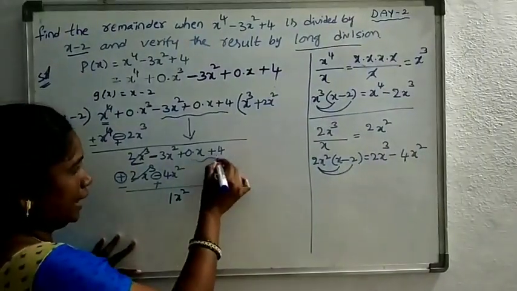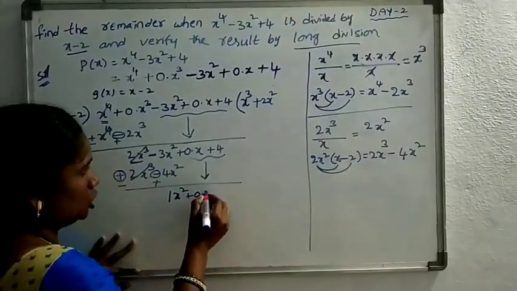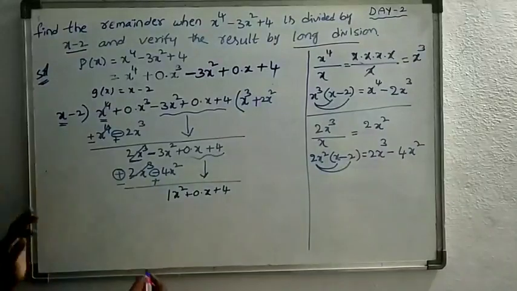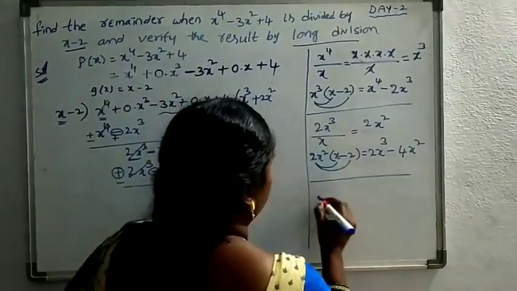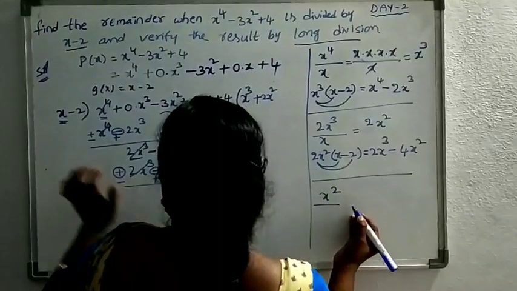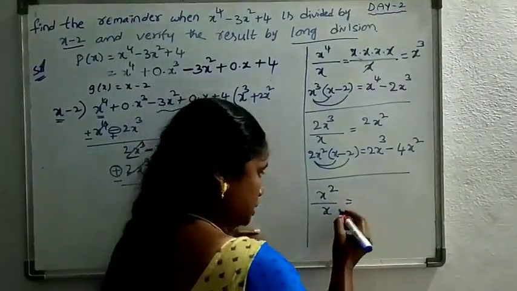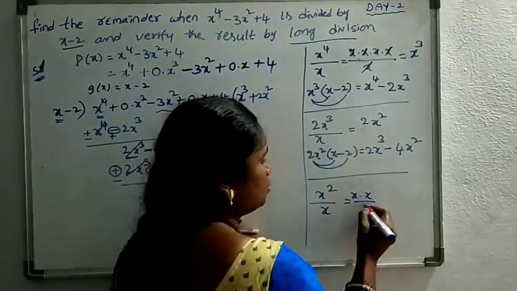Now we will write these terms. These terms will come down. Plus 0 into x plus 4. What we have to do, children? Now the first term of this is x square by, what is the term here? X. X square by x. X square means x into x by x.